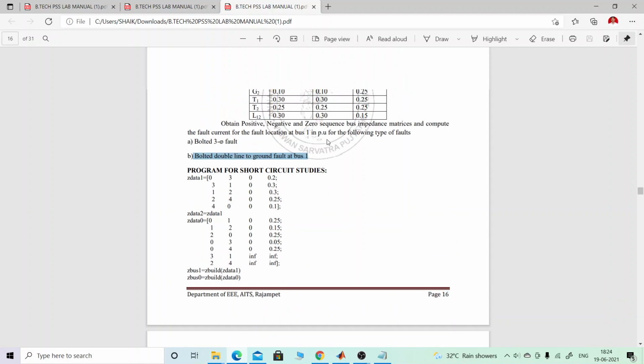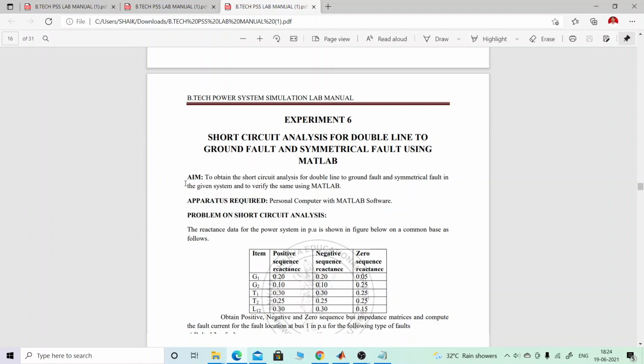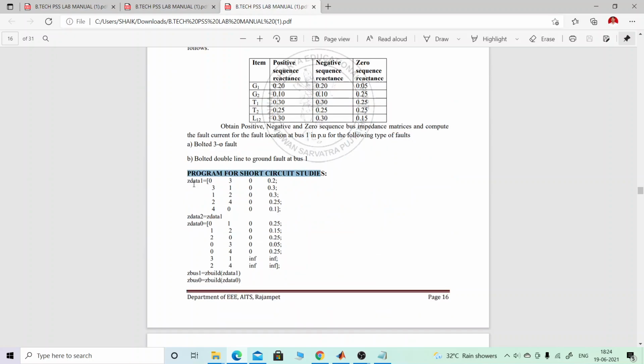That's the program, how to program the values. As in the last experiment, that is the 5th experiment, we follow the same strategy.